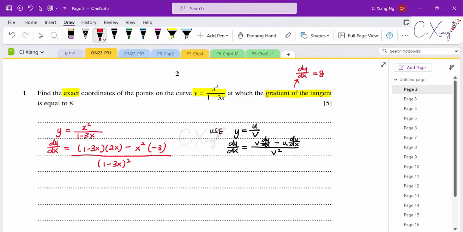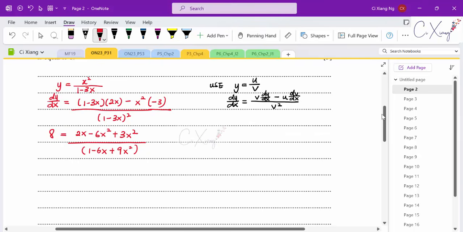And after that, they say that dy/dx equals 8. Therefore, I will let dy/dx equal 8, and then I try to solve this equation. So what I am going to do now is expand everything that I have here, then divided by 1 minus 6x plus 9x squared.